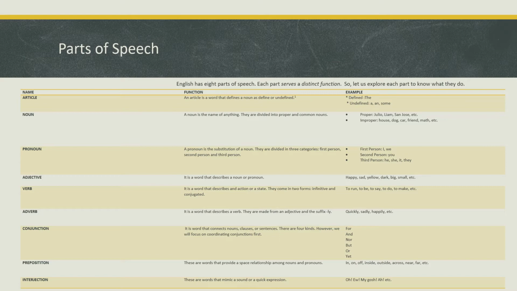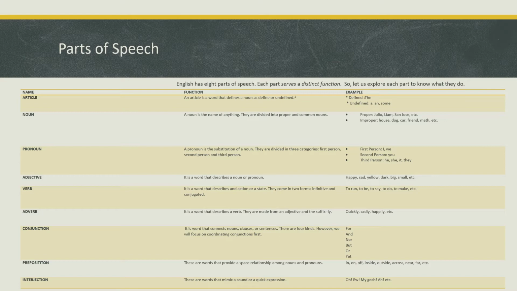So I is the first person singular, we is the first person plural, you is the second person plural and singular, and then we have he, she, it, which is the third person singular, and they, which is the third person plural.